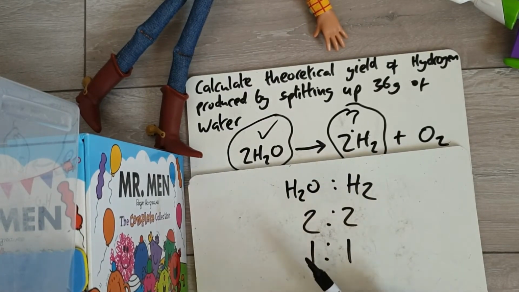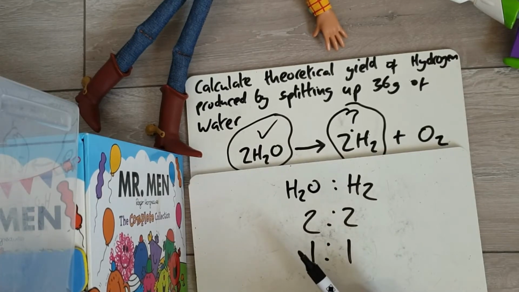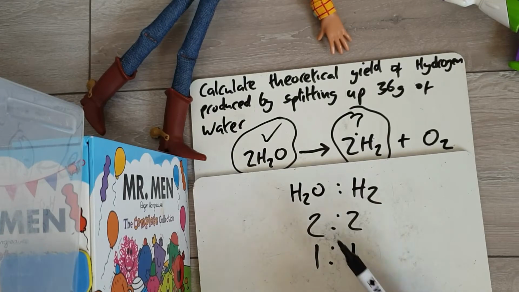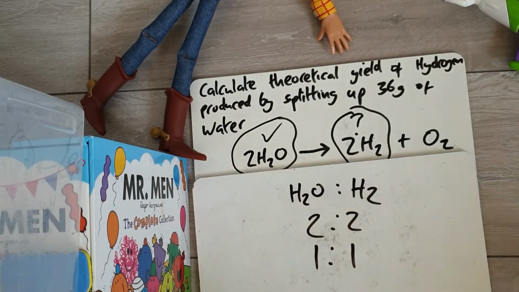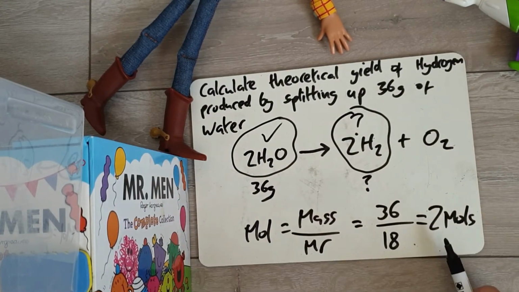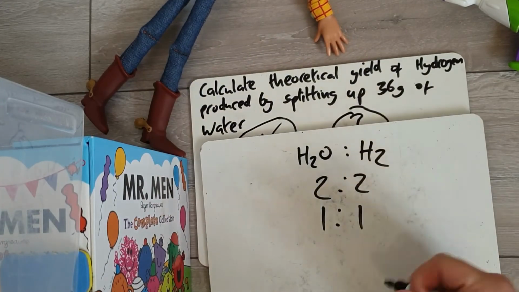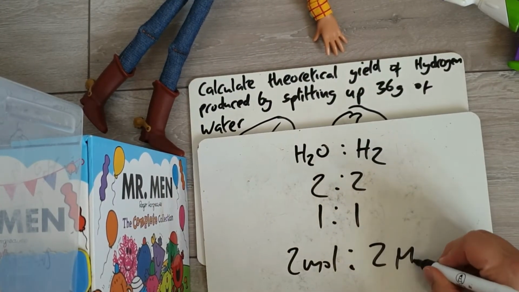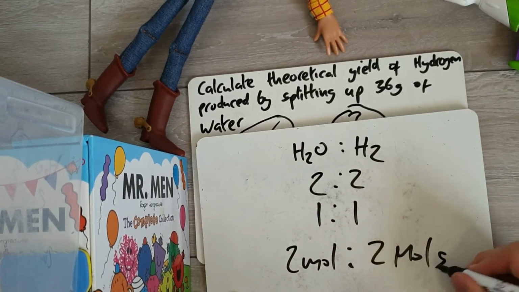So for every 1 mole of water, you make 1 mole of H2. So we know the ratio is 1 to 1. How many moles of H2 did we have? 2 moles. So if we had 2 moles of that, we must make 2 moles of that.